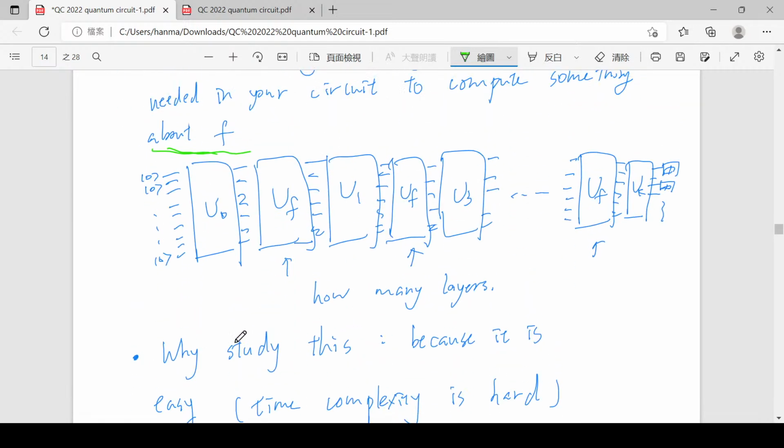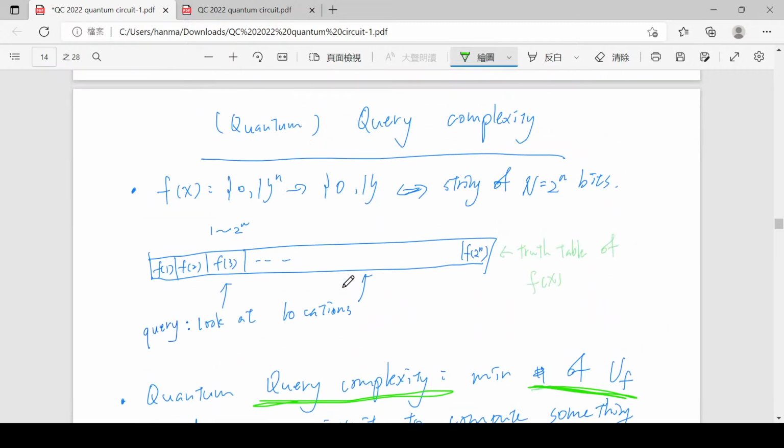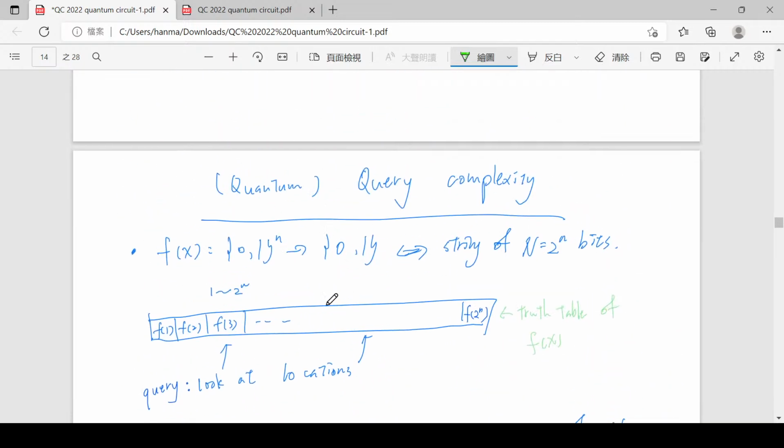Also, a very practical issue is that computing query complexity is easier than computing time complexity. Because time complexity, when you actually want to bound it, is pretty hard. But when you think about query complexity, then you can actually give a rigorous lower bound.